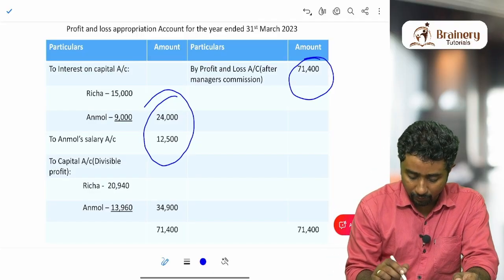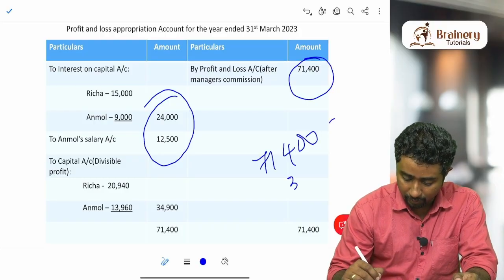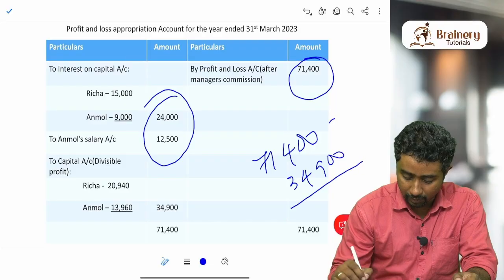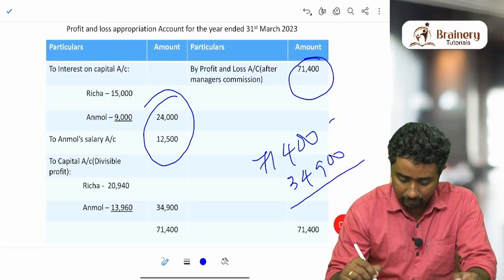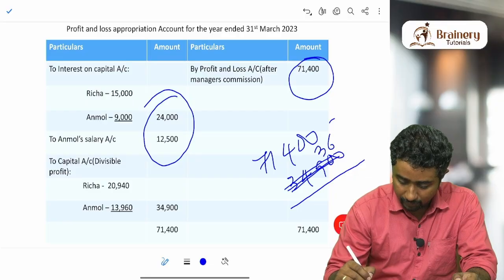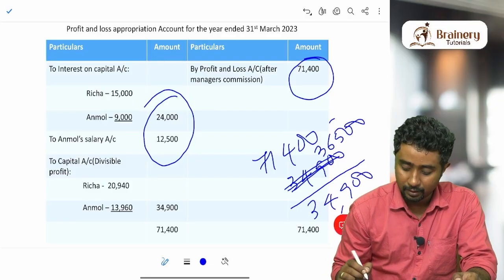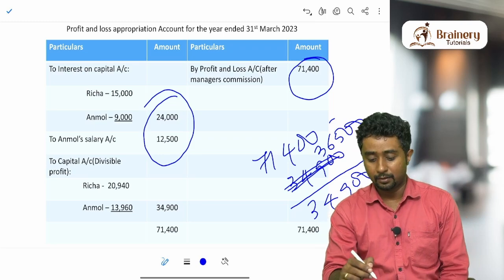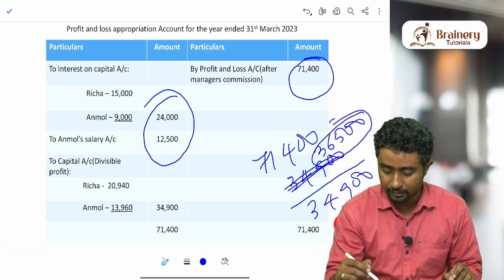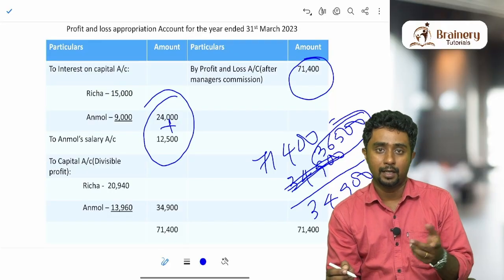When you find the difference, that means 71,400 minus 36,500, which will give you 34,900. I wrote the balance there directly. Actually 36,500 came from 24,000 plus 12,500, as you can see here.